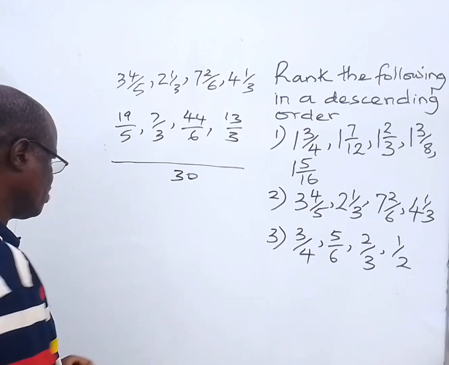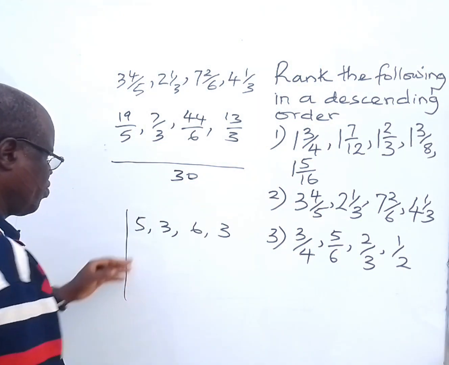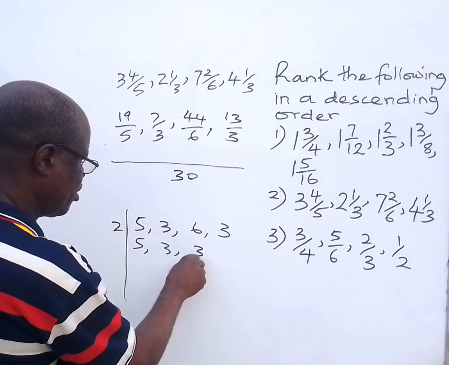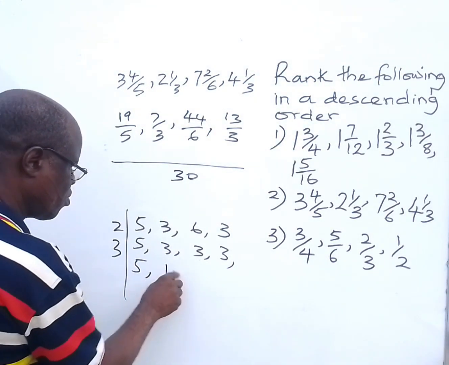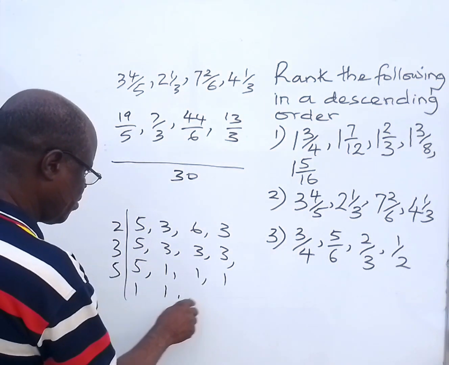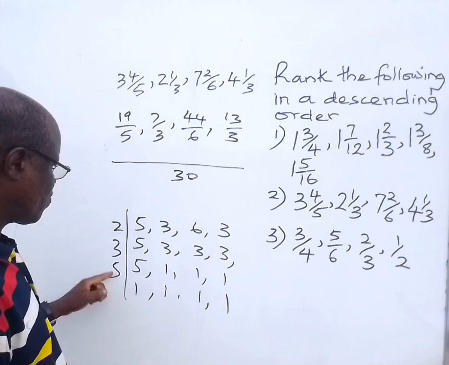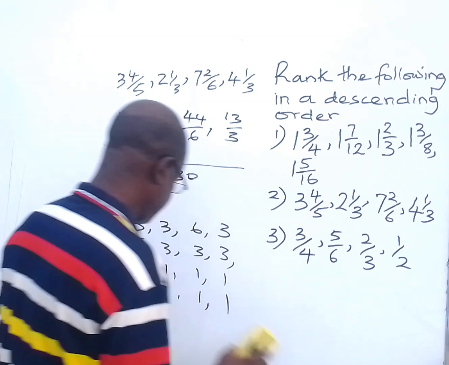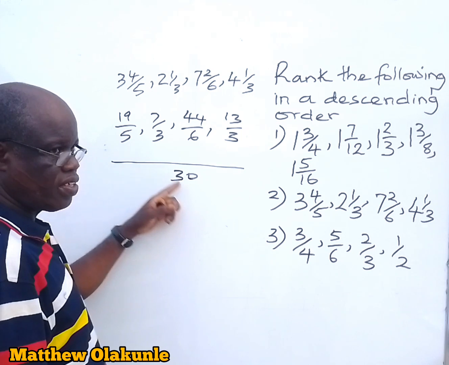Or can we do it? Let's do it. So you have 5, 3, 6, 3. So 2 can go here exactly. 3 can go here exactly. Then 5 can go here. So multiply this, 2 times 3, 6. 6 times 5, 30. So that's how we get the LCM. Now, how many times does 5 go in 30? 6.